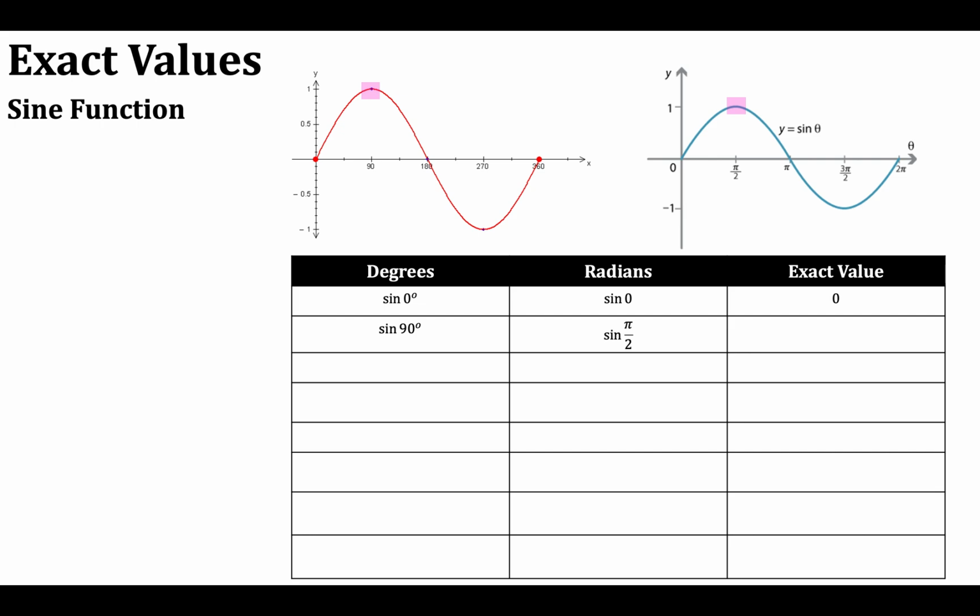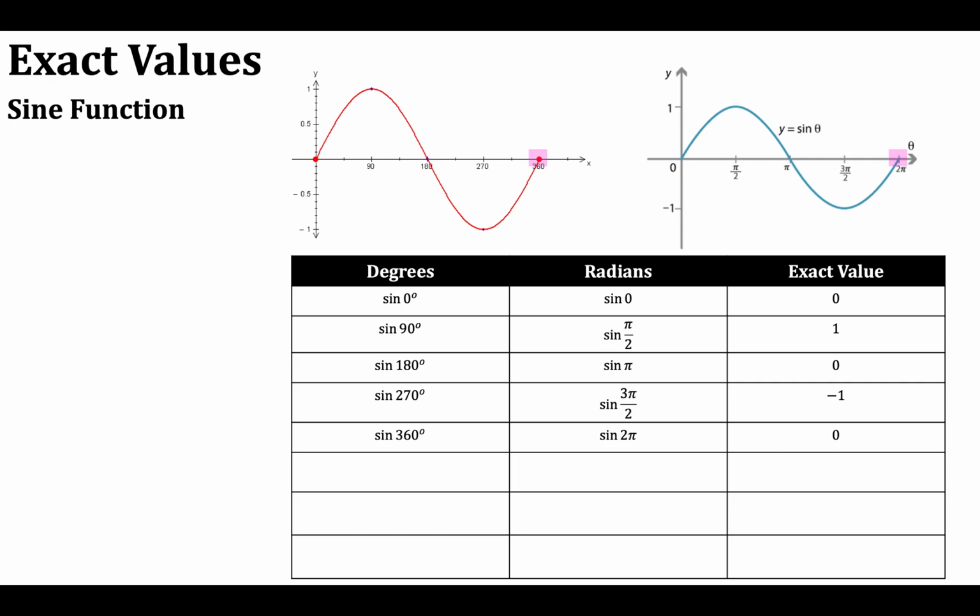What height is the graph when x is 90, or theta is pi over 2? That is 1. Now for sine 180, or sine pi, hopefully you can see again that that's 0. For 270 degrees, or 3 pi over 2 radians, we have -1. And for 360 degrees, or 2 pi, we are back again at 0.